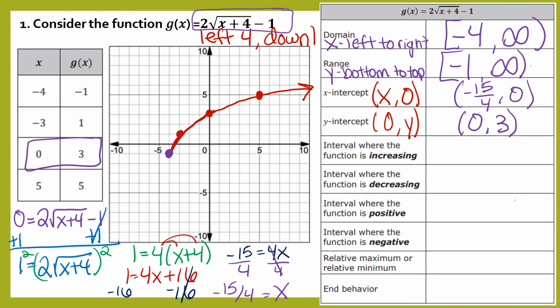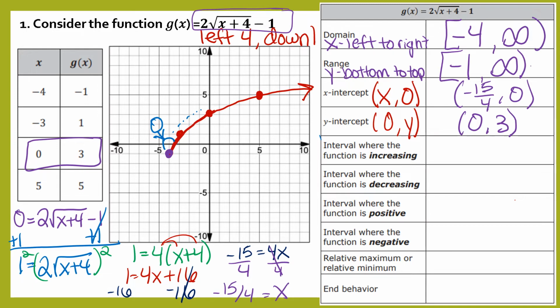So increasing and decreasing, remember, increasing is where our graph is going up, decreasing is where our graph is going down. So for these, I told you to imagine a person walking on your graph. So if I got a little guy walking on my graph, right off the bat, what is he doing?